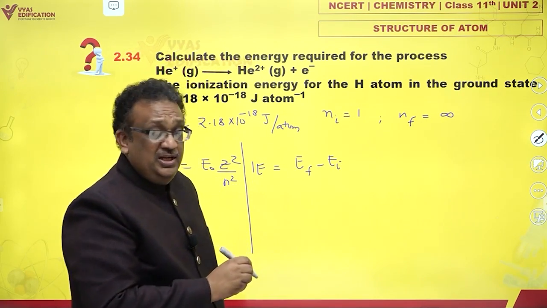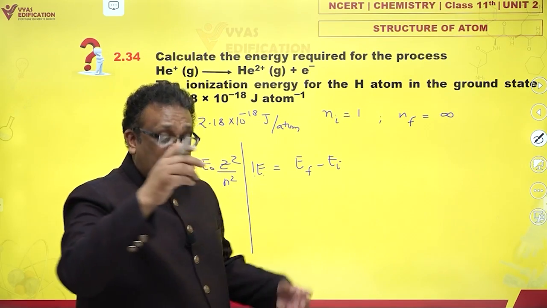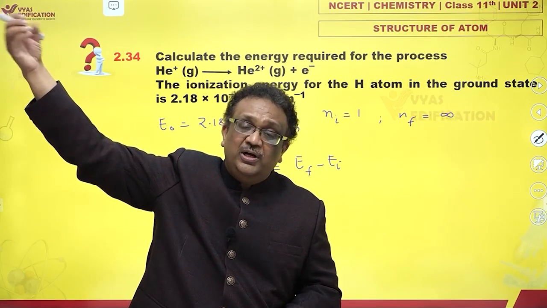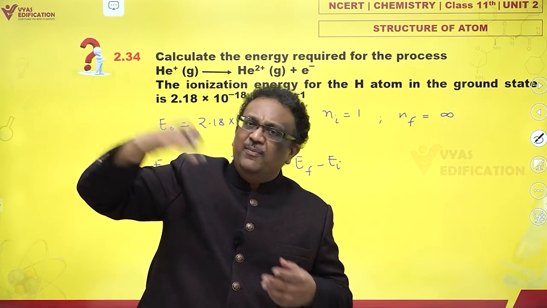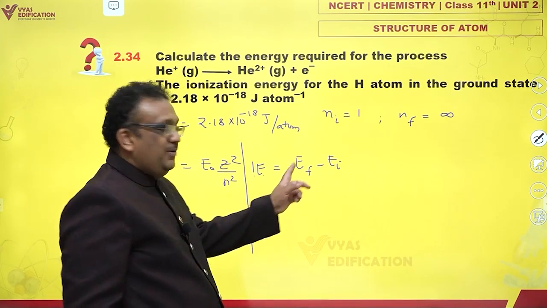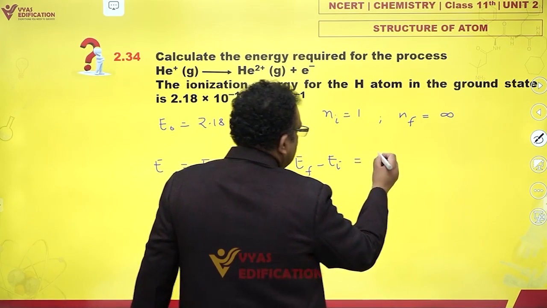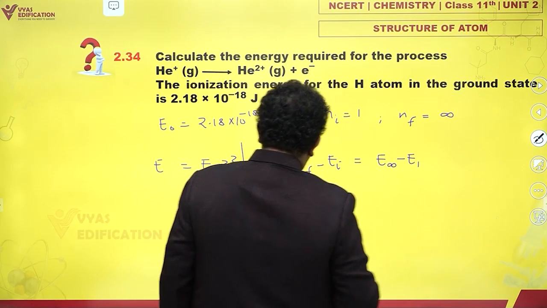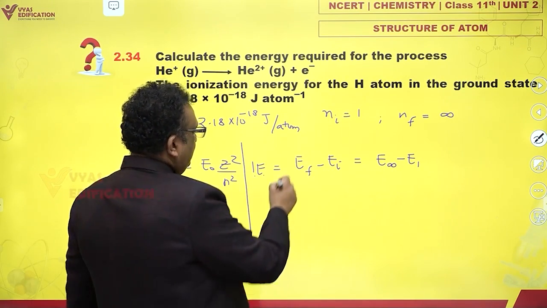What is ionization energy? The energy required to move the electron from first orbit of He+ to infinity, so that when it goes to infinity it is lost, it is gone. There is no attraction. Final minus initial, which means E infinity minus E1, and this is for He+.